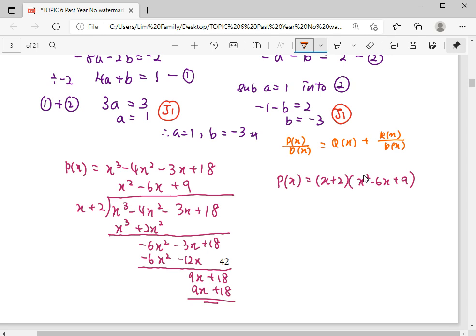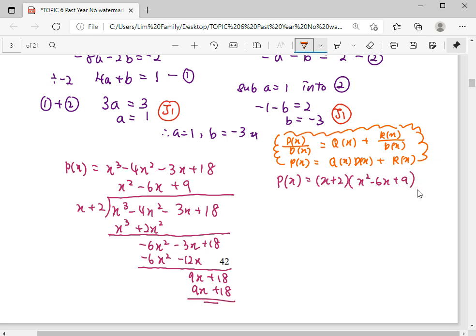So this is how we write our polynomial in fraction form. Another form is p(x) equals q(x) times d(x) plus r(x). This is our concept in 6.1. So when we want to write our polynomial, we can use this, where our divisor is x plus 2, our quotient is here, and the remainder here is 0. So you can see our polynomial is written in factor form.